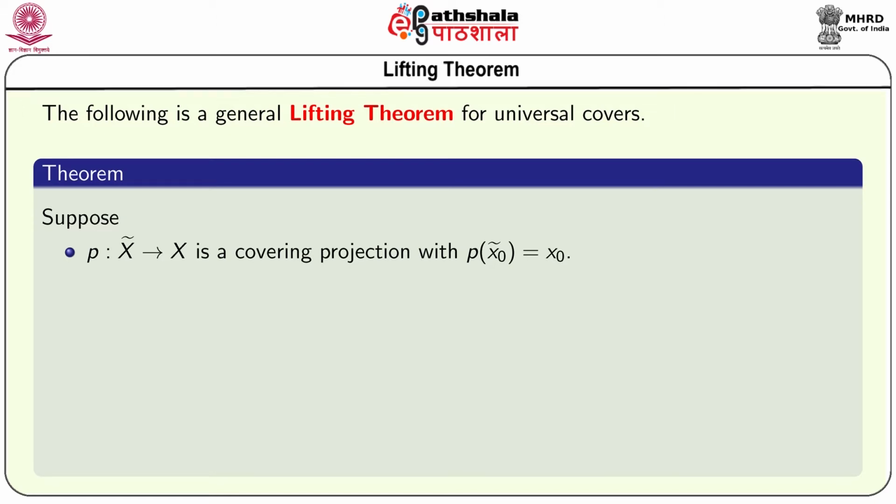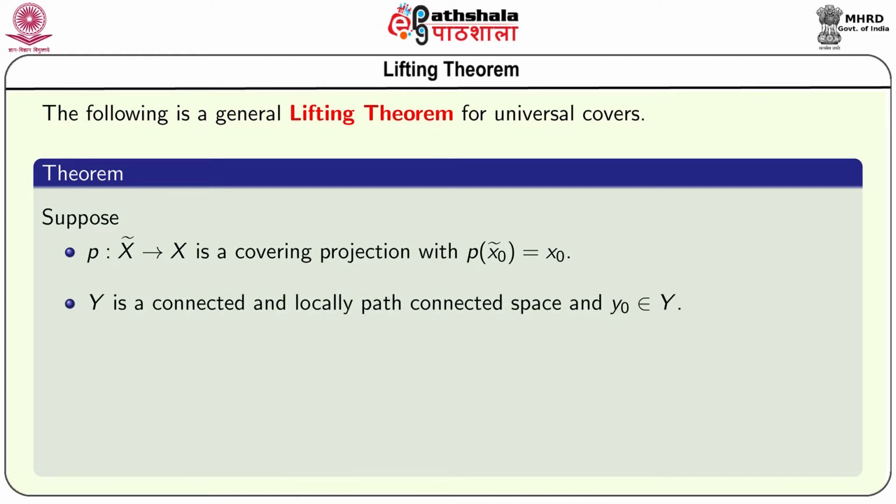Suppose P is a covering projection which takes x0 tilde to the point x0 in the base space. Y is a connected and locally path connected space and y0 is a point in capital Y. F is a continuous function from Y to X which sends y0 to x0.